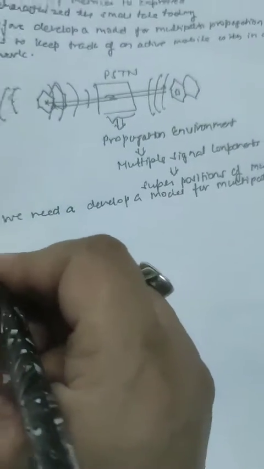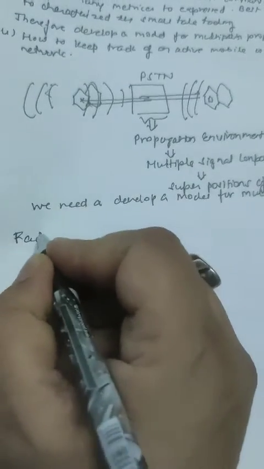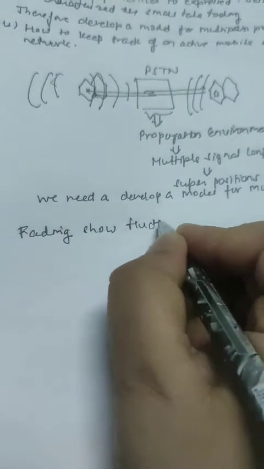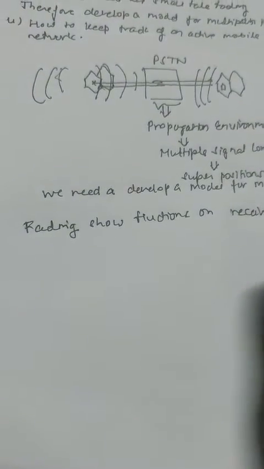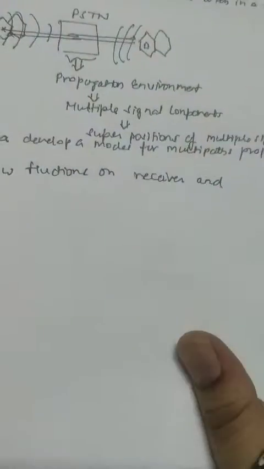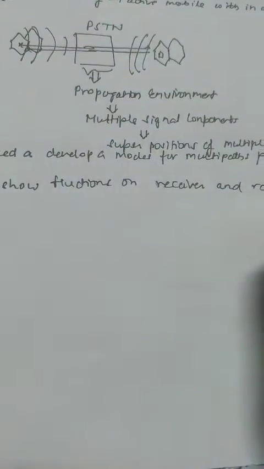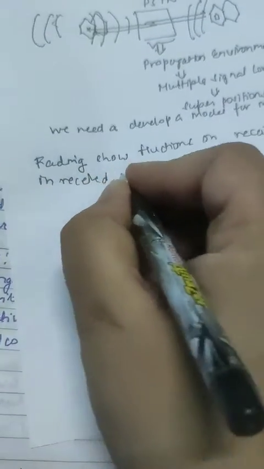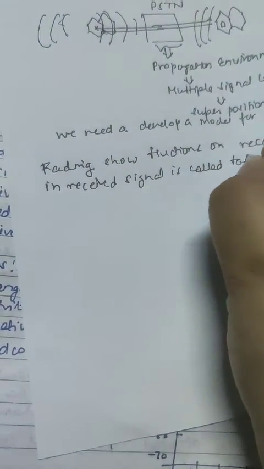If we talk about the simple overview, fading means fading shows fluctuation on receiver and random variation in received signal is called fading.